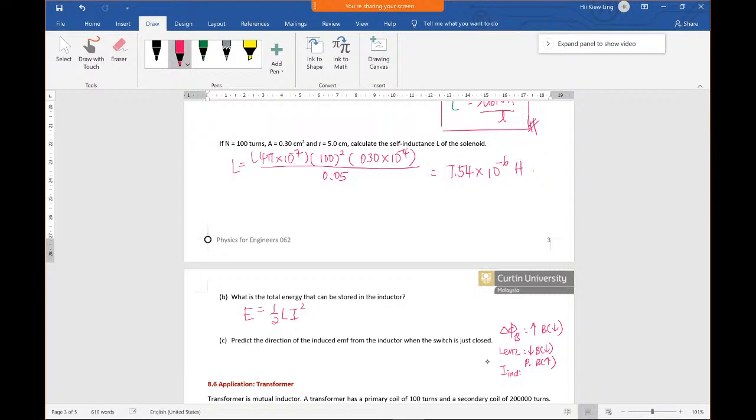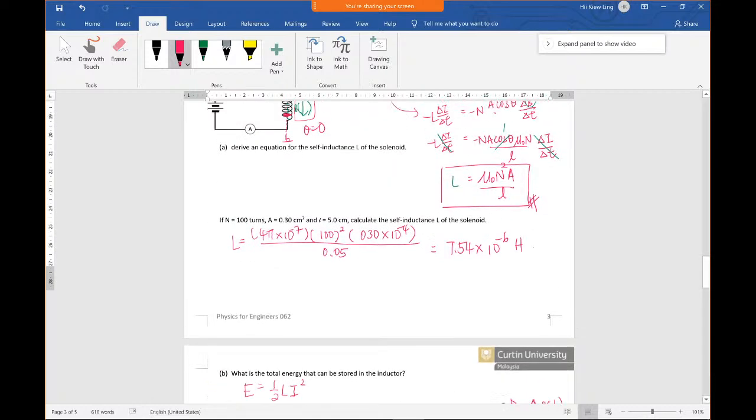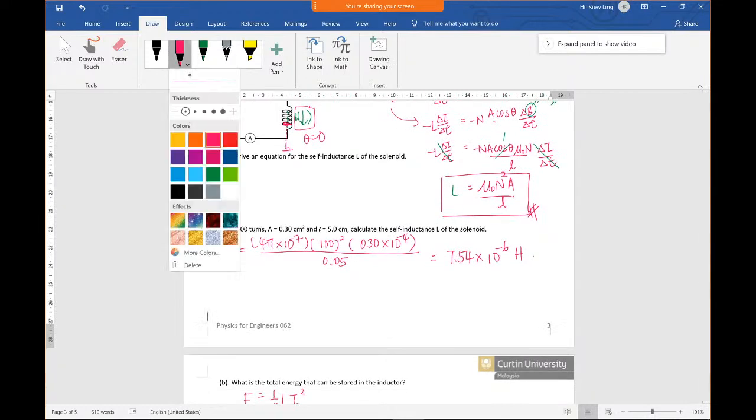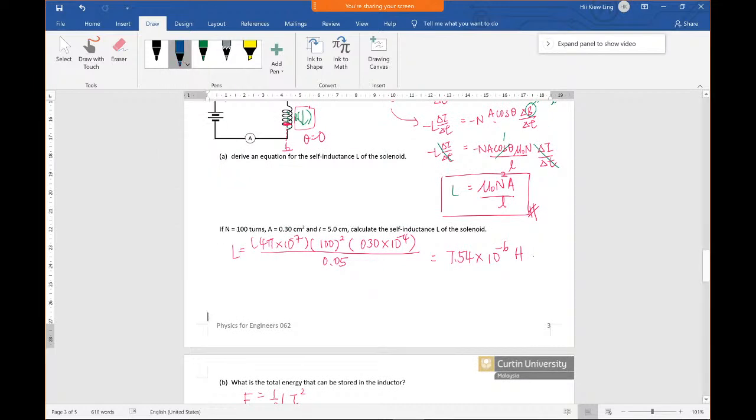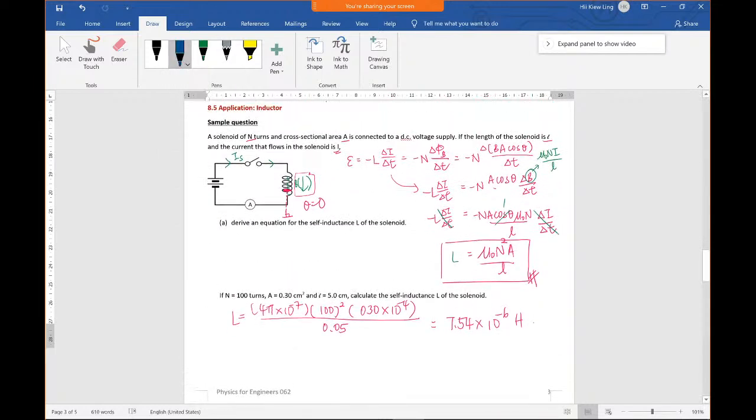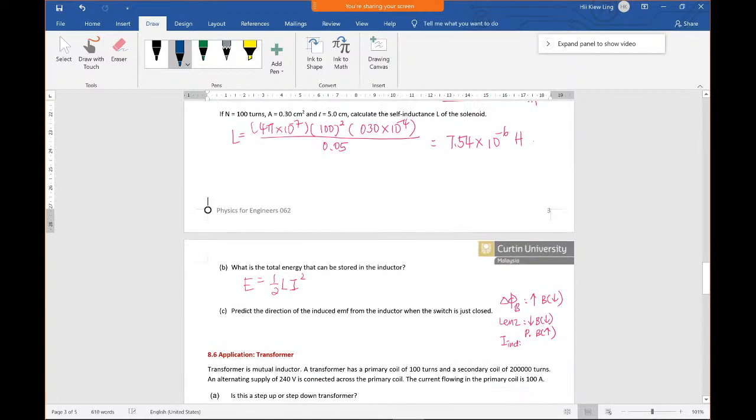So to produce the magnetic field which is going upwards, according to right hand grip rule, you will get a direction going like this, right? This is the direction of induced current. So when it passes through your ammeter, it is from left to right. Okay.